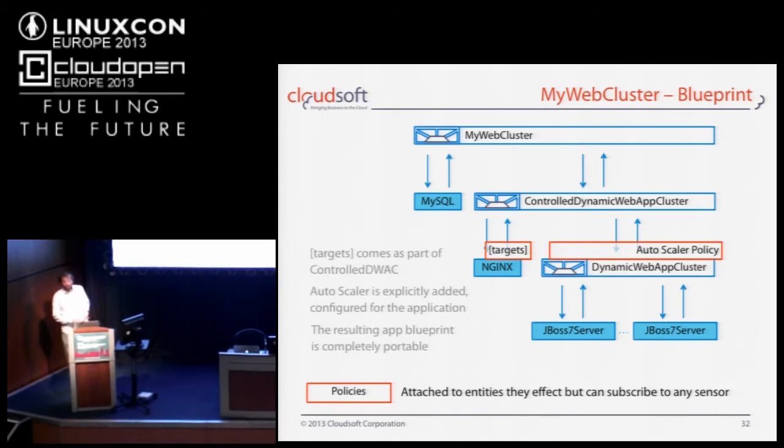The Autoscaler policy is the more interesting one. Every cluster has a resize operation. In the case of JBoss, resize is pretty simple. In the case of Cassandra, resize is quite a bit more elaborate. The Autoscaler policy is orthogonal to that. Anything which is resizable can have this policy attached, and you can tell it to monitor any particular sensor metric.